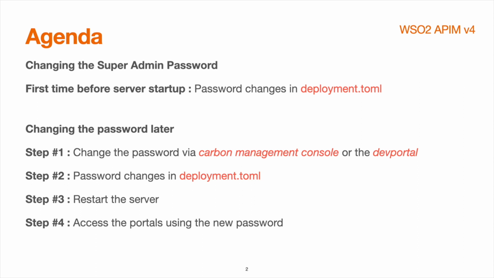It could be an LDAP, an embedded H2 database, or an RDBMS. The credentials are then stored in that particular user store. Next, it does the subsequent authentication from that user store, and for internal checks, it does so from the file system too, like user-mgt.xml. So we have to make the changes in both places.